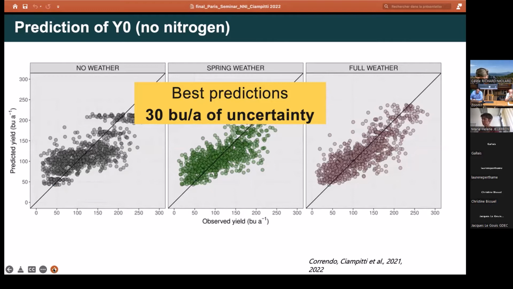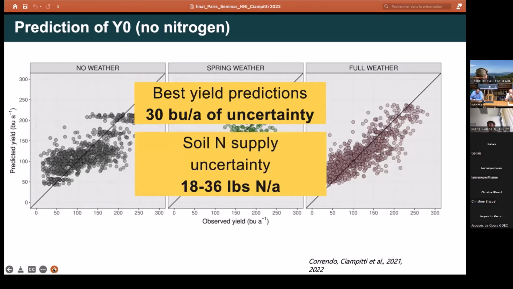So there are some possibilities that we can start thinking about how we can develop some decision tools of applying nitrogen, also integrating, for example, the current nitrogen nutrition index with expected weather forecast and soil conditions. And this is the problem with the soil, that we still have a large uncertainty on the amount of nitrogen that is coming from the soil.